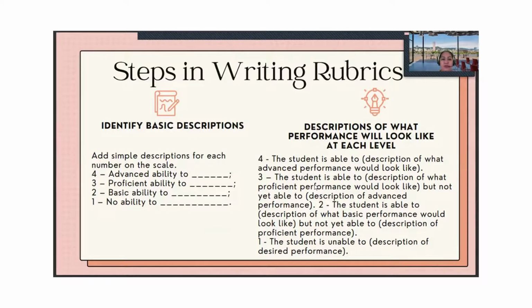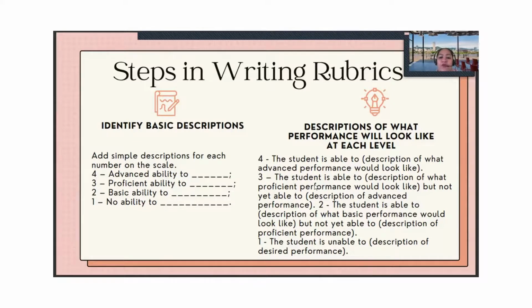So this particular example or steps that I am providing you is a sample of a holistic rubric. So the descriptions of what performance will look like at each level. So ito na yung, like for example, yung ilalagay mo na yung mga descriptions na samples yan.